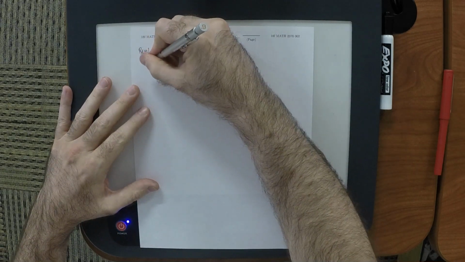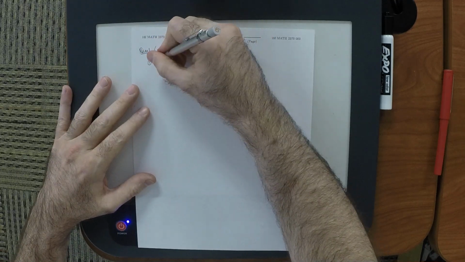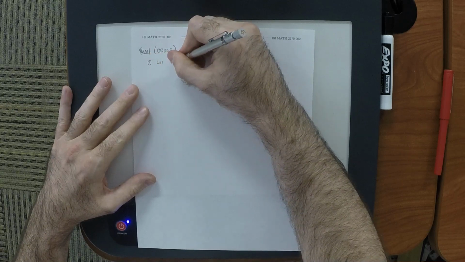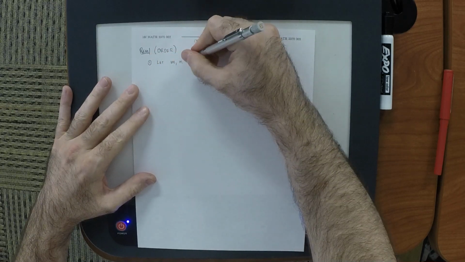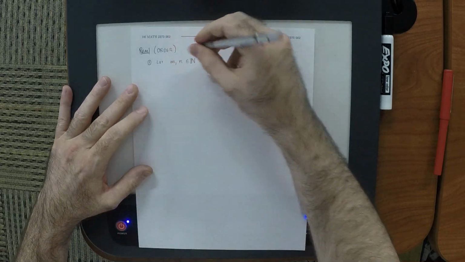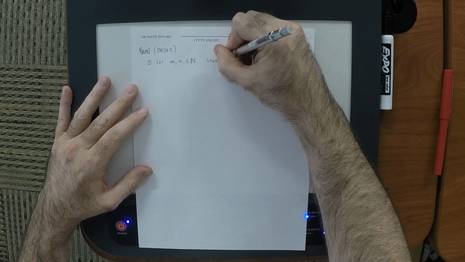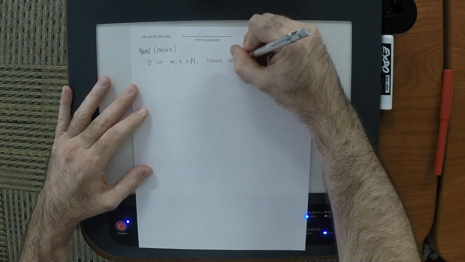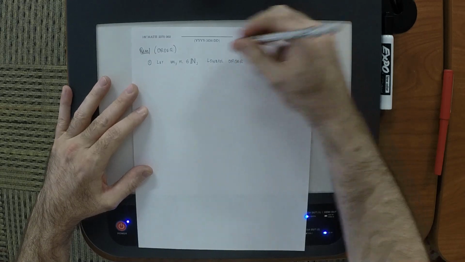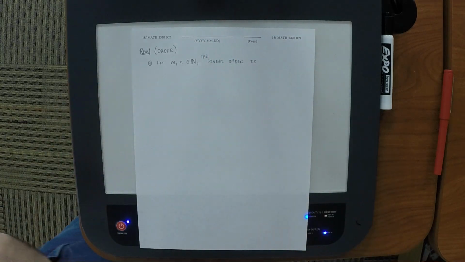To sort of summarize that, if we're in the context where we say let m and n be in the naturals, then the linear order is the thing that you know as less or equal.